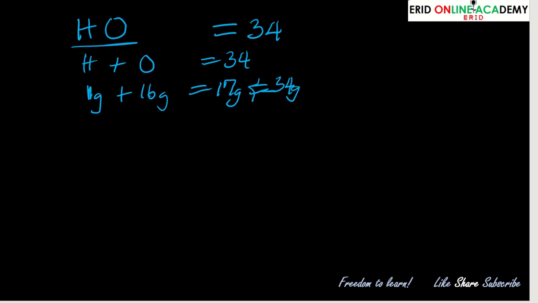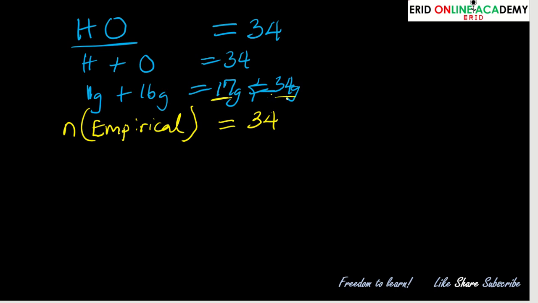This is simply telling us that this empirical formula needs to be multiplied by a given integer, such that it gives us the molecular mass. Since 17 is not equal to 34, we have more than one hydrogen in this compound, and we also have more than one oxygen. That's the implication of this.